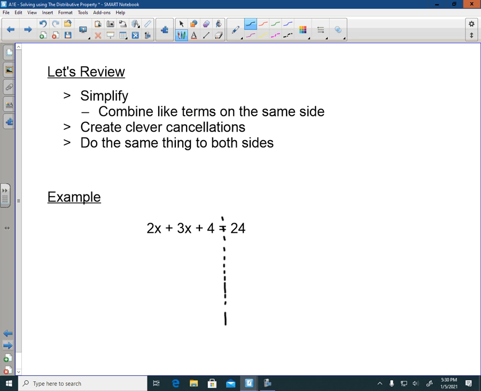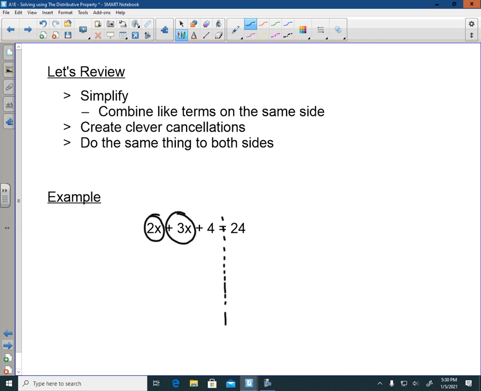And we want to simplify. To do that, you're going to want to take each side of that equation separately. When I look on the right side, all I see is a 24. There's nothing to do. You can't simplify over there. But on the left side, I see like terms. I see a 2x, and I see a 3x. Those can be combined.